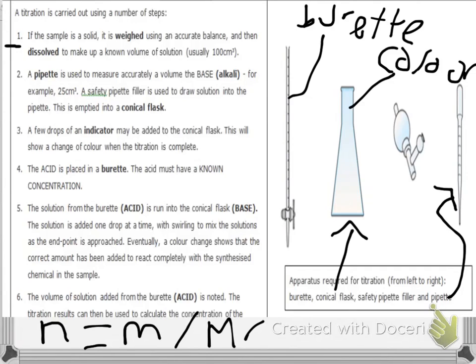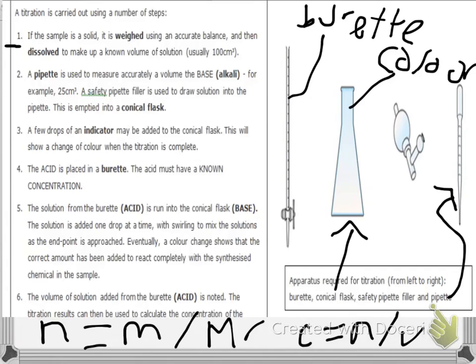Okay, and then we'd combine that with the n equals CV equation, and rearrange that to work out your concentration, so you know what the concentration of your alkali is, sorry.